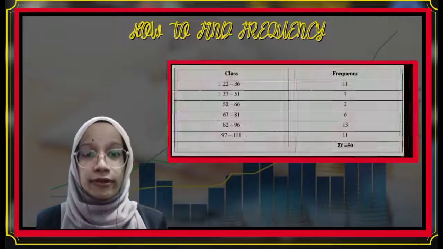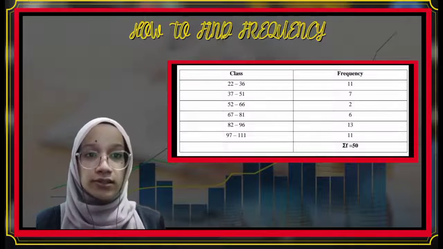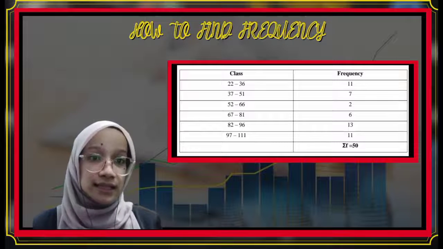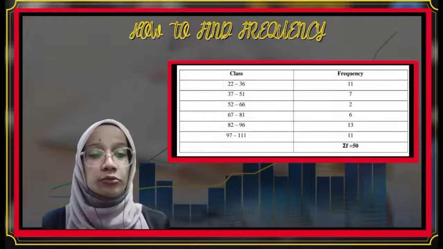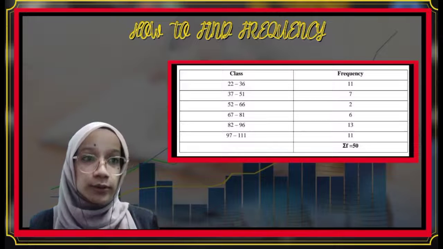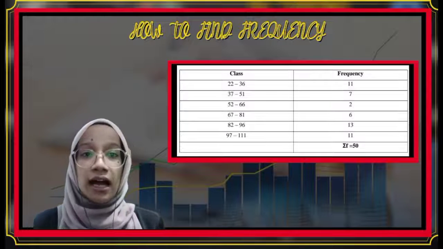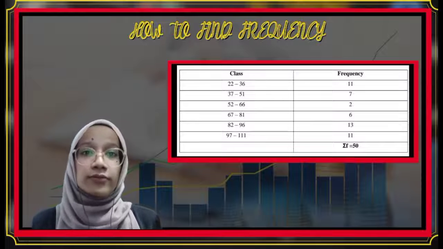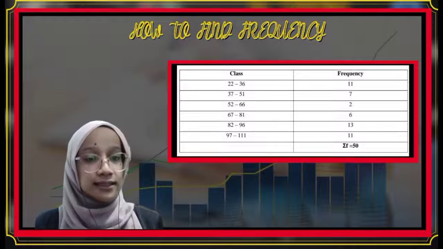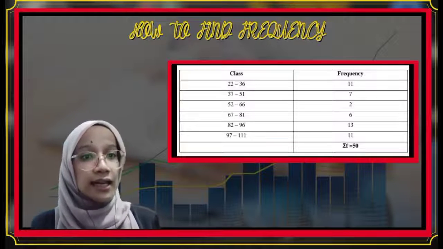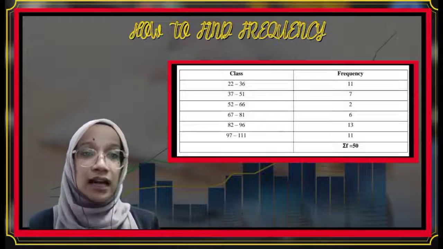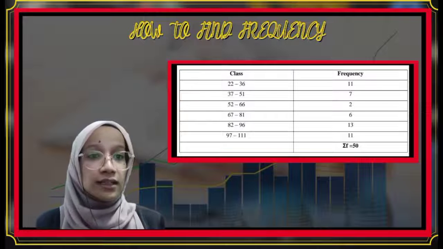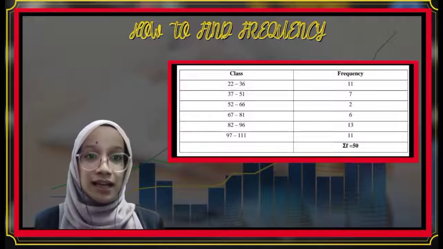Now we move to the first table, the frequency distribution. For the classes, how we decide the class is using the class width, which is 15. So it must be like 20 until 36, 37 until 51, 52 until 66, 67 until 81, 82 until 96, and the last class is 97 until 111.